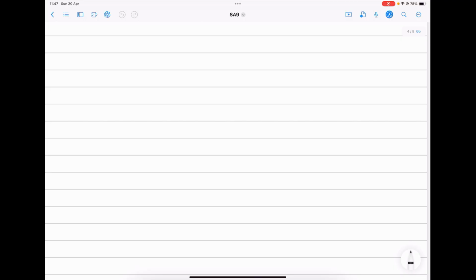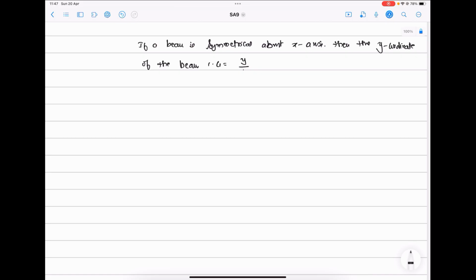As per our previous discussions in the previous examples, if a beam is symmetrical about x-axis, then the y-coordinate of the beam center of gravity is equal to total y by 2.